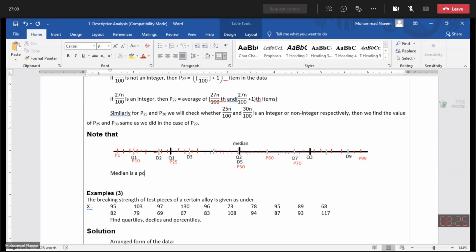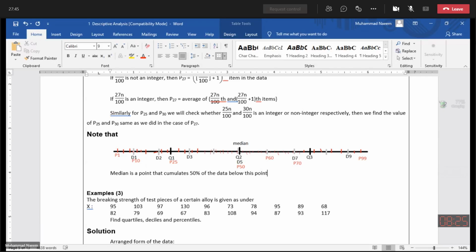Median is a point that accumulates, adds up or sums up, 50% of the data below this point, because our data is in ascending form.